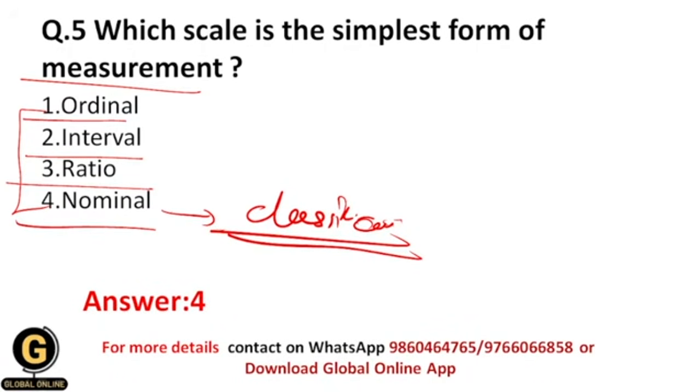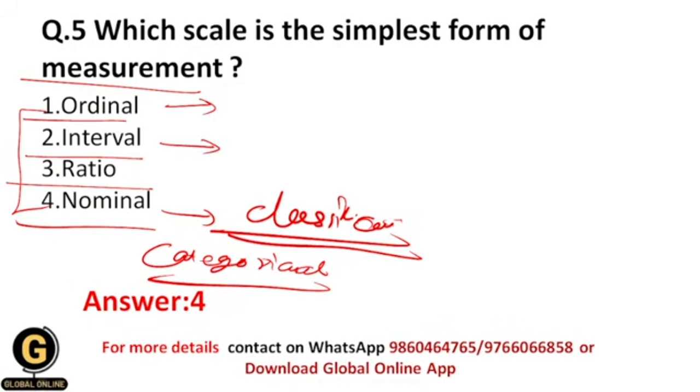Basically here the variables are categorical variables, and these kinds of variables can't be quantified. You can only classify them according to the common characteristics, and that's why this is the simplest form of measurement. An ordinal scale includes classification and giving orders or ranks to the variables.